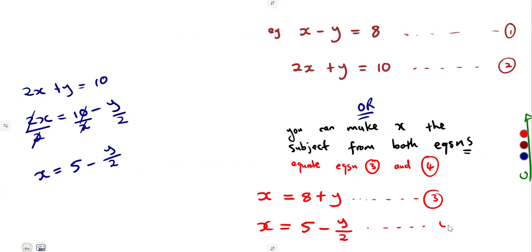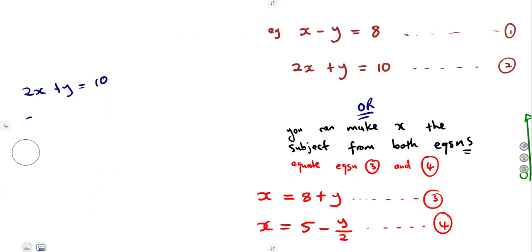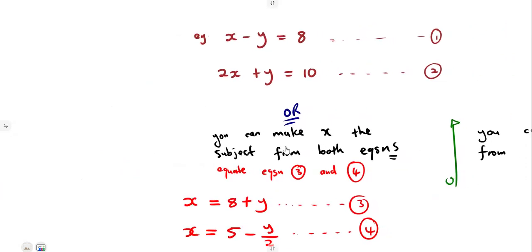This is another equation from equation 2. Both equations are being affected, 1 and 2, using this way.